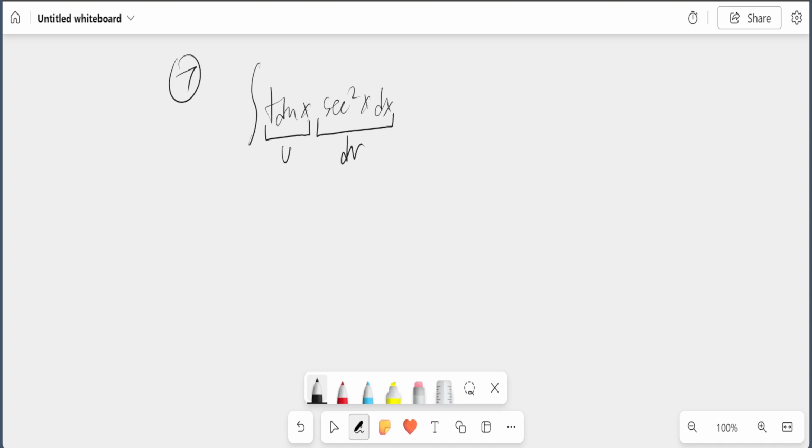No, he didn't. Wait, did he actually not show you how to do parts? I mean, there's probably another way to do it. Okay, another way I would do this is secant squared x is, what is that? 1 minus tangent squared x.